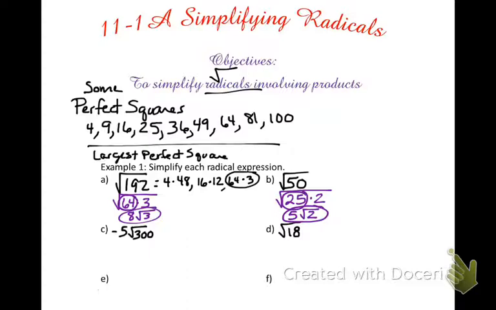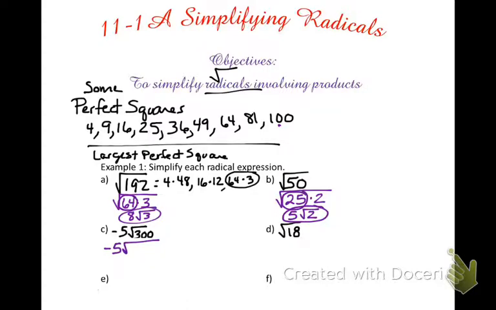Alright, now I have something on the outside that's a -5. Just leave it there for right now. So I'm going to leave it -5. Well, I need to find a perfect square that goes into 300. The biggest one, if I look, I'll start with the biggest number, 100. Does 100 go into 300?